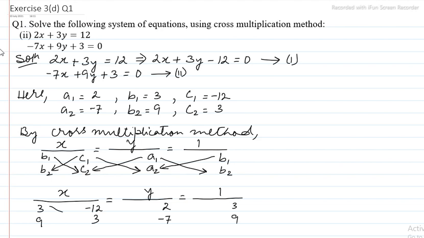So we have to cross multiply 3 and then minus 12 and 9, and then here minus 12 multiply with minus 7, here 2 multiply with 3, and here 2 multiply with 9, and 3 multiply with 7.